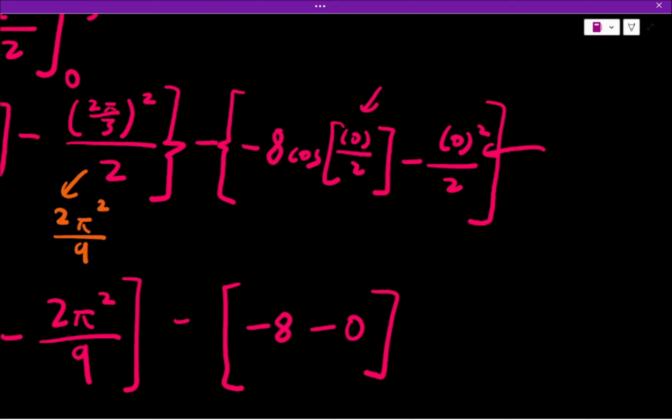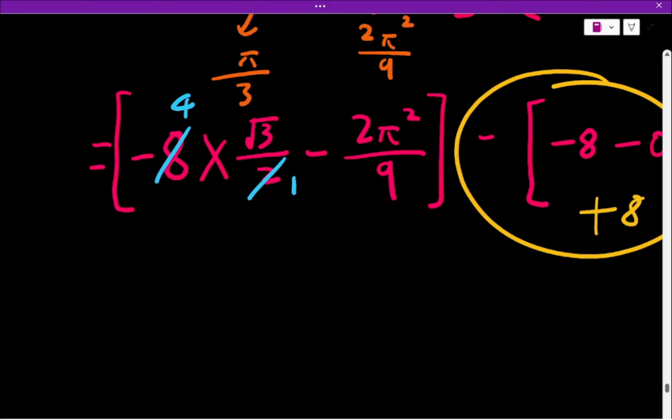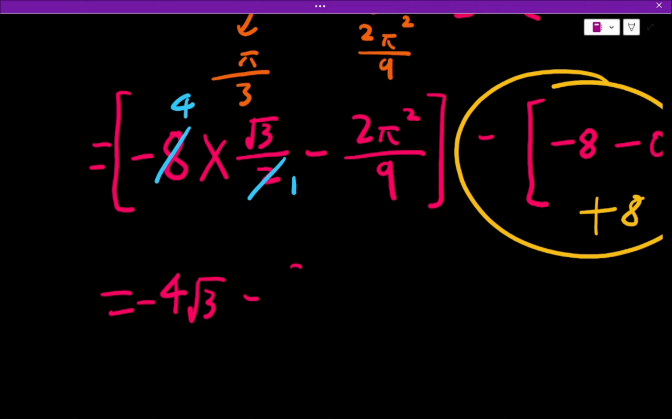This becomes a 4, when this becomes a 1. And then this section right here is actually just plus 8. So we're just simply going to have this as negative 4 root 3 minus 2 pi squared over 9 plus 8.